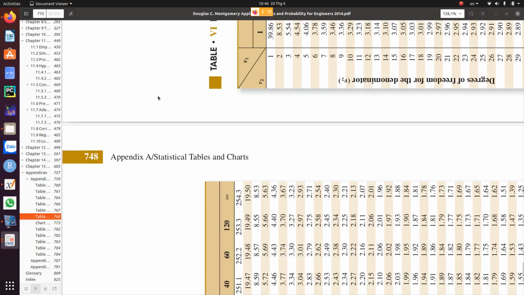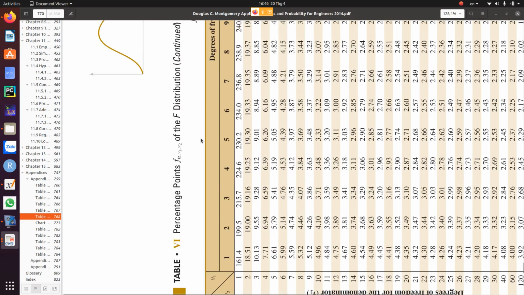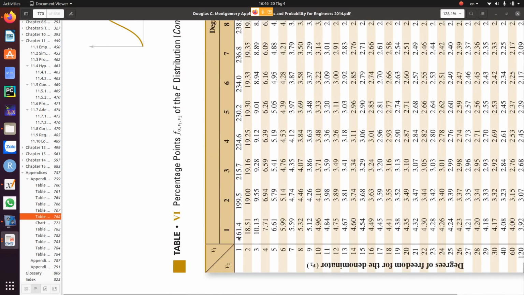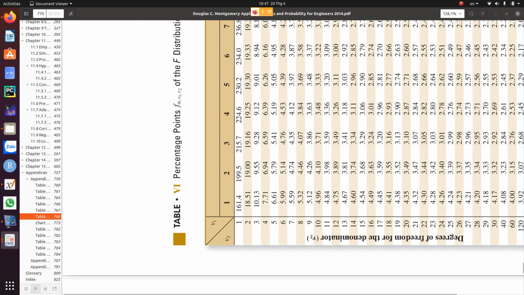No, pass. Here alpha equals 0.05. Okay, that's what we need. The first row indicates the degrees of freedom for the numerator, and the first column indicates the degrees of freedom for the denominator.